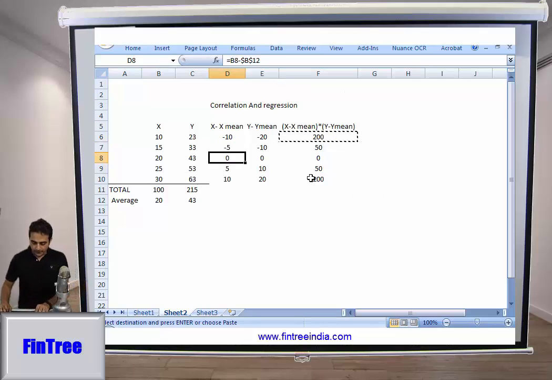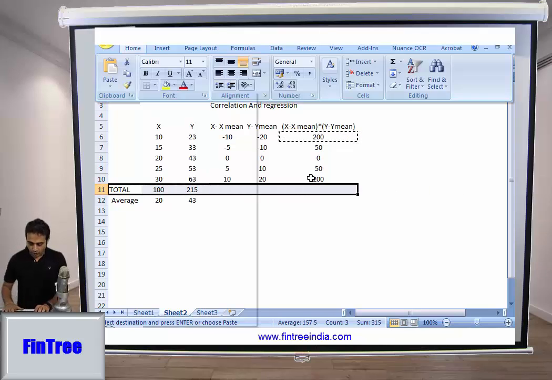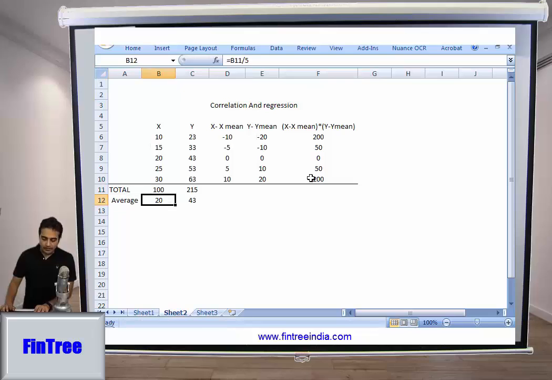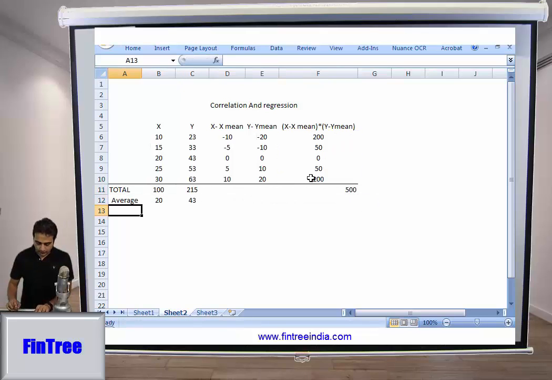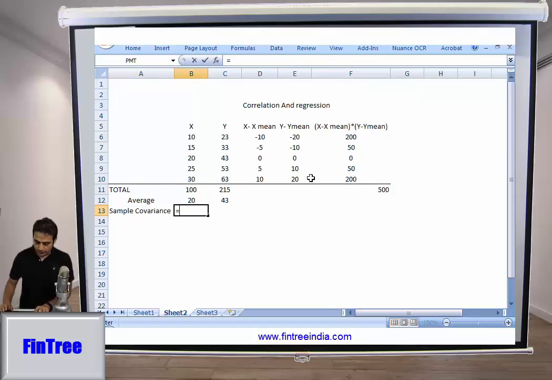Once we have this data, we can calculate the sample covariance. Sample covariance would be the summation of this number. So let's calculate sample covariance. Sample covariance would be 500 divided by, tell me, n minus 1, which would be 4.